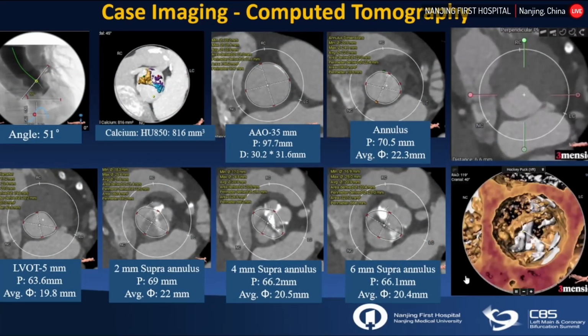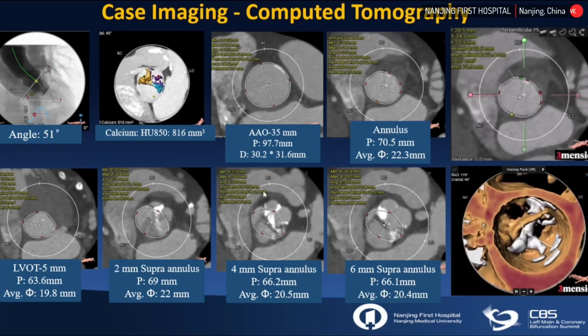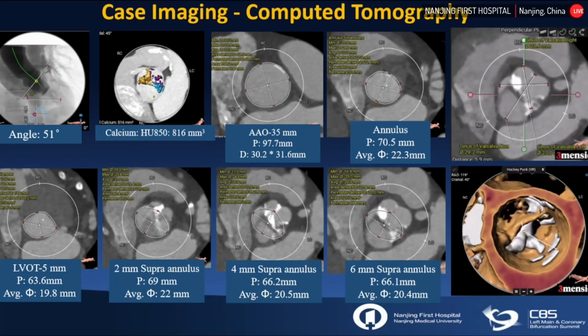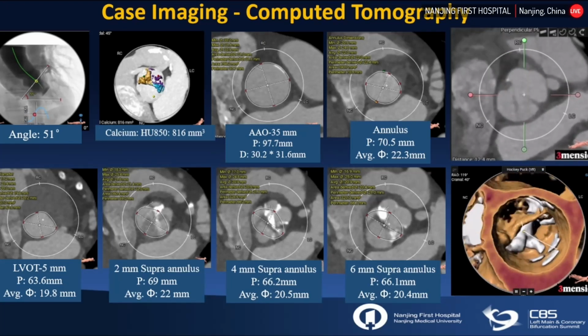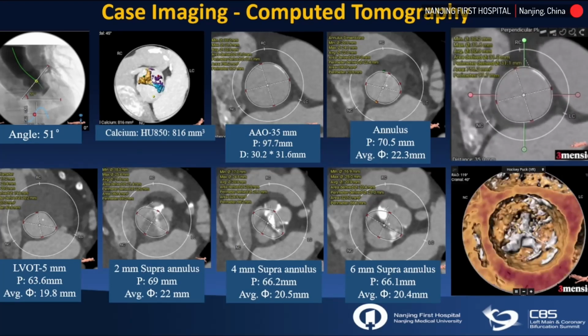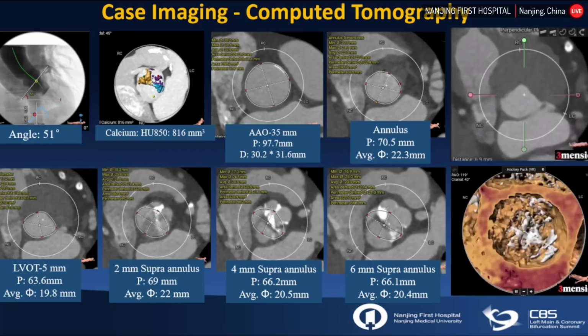This is the baseline CT analysis. You can see a typical right and left cusp overlapping with a severe calcified carina. According to the CT analysis, the annulus diameter is 22.4 millimeter.